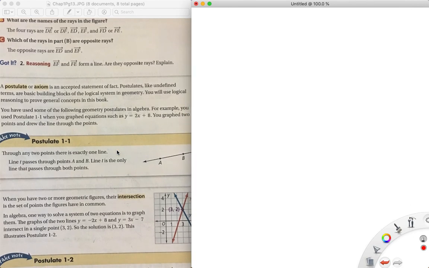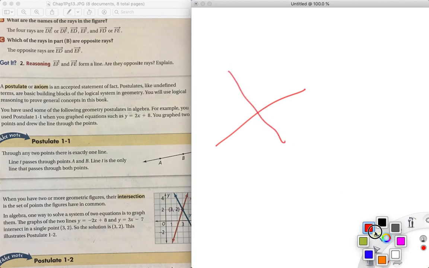Intersection is a point or a set of points that two figures have in common. So if I have a line and I draw another line, their intersection would be right there.